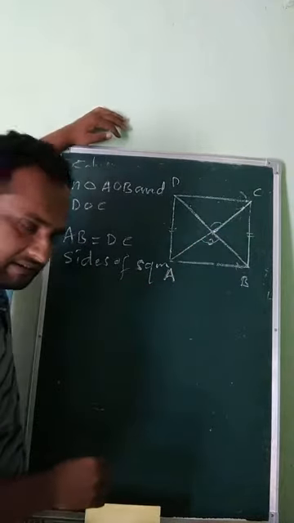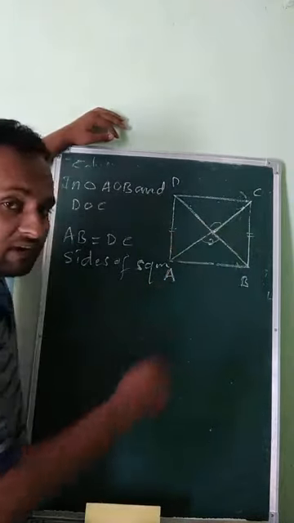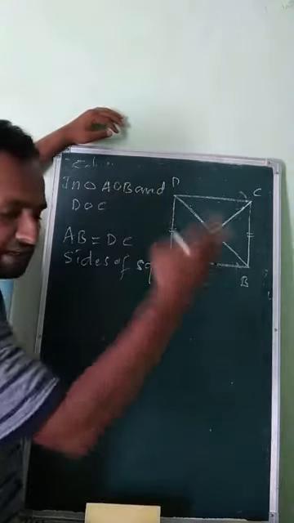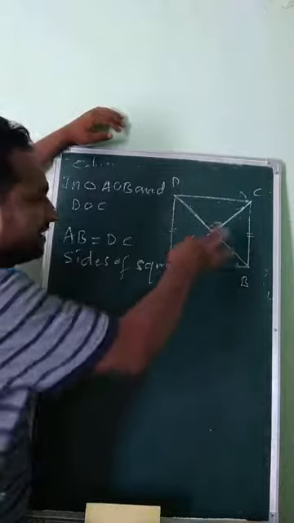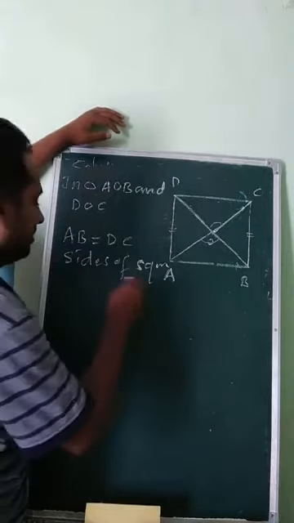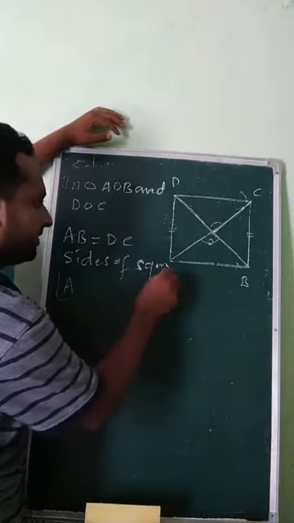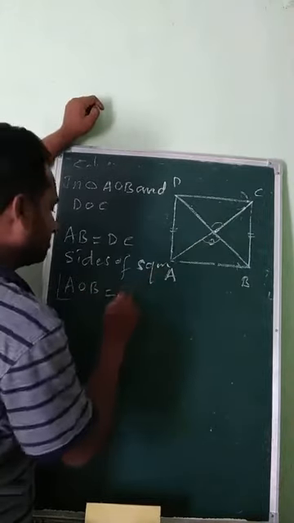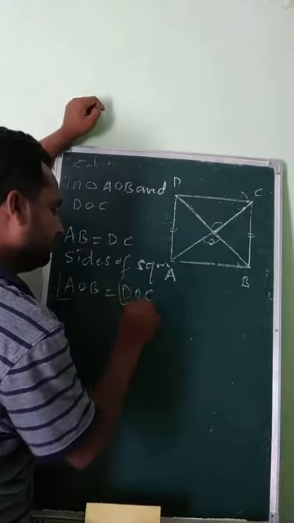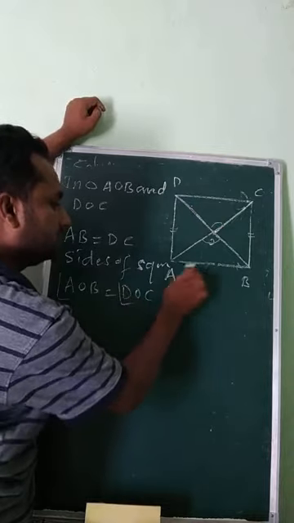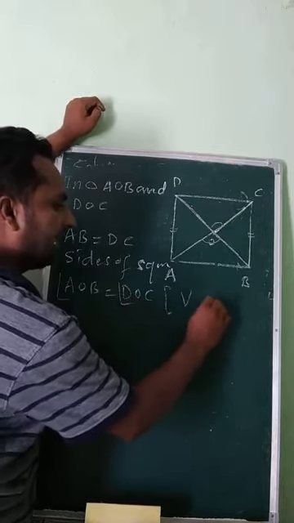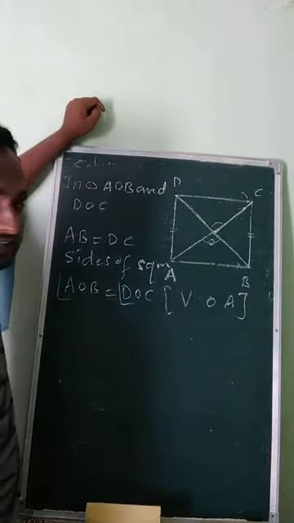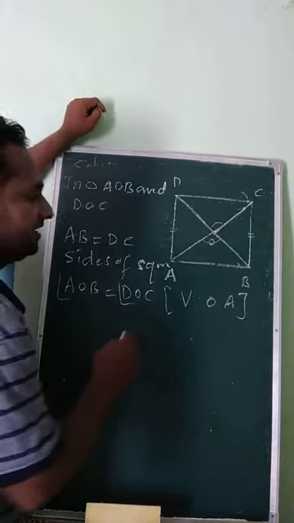These two angles are equal because vertically opposite angles are equal. When two lines intersect at a point, their vertically opposite angles are equal. So angle AOB is equal to angle DOC, by the reason vertically opposite angles. Now what about one more element here?